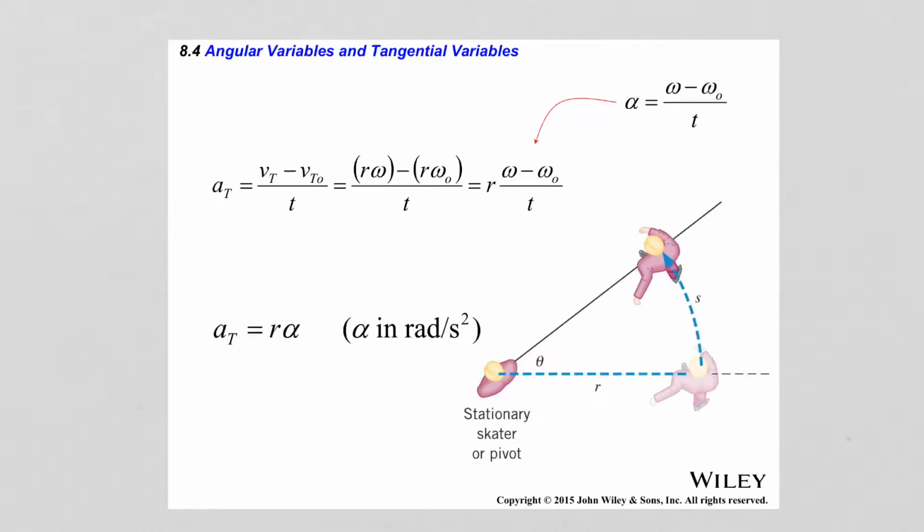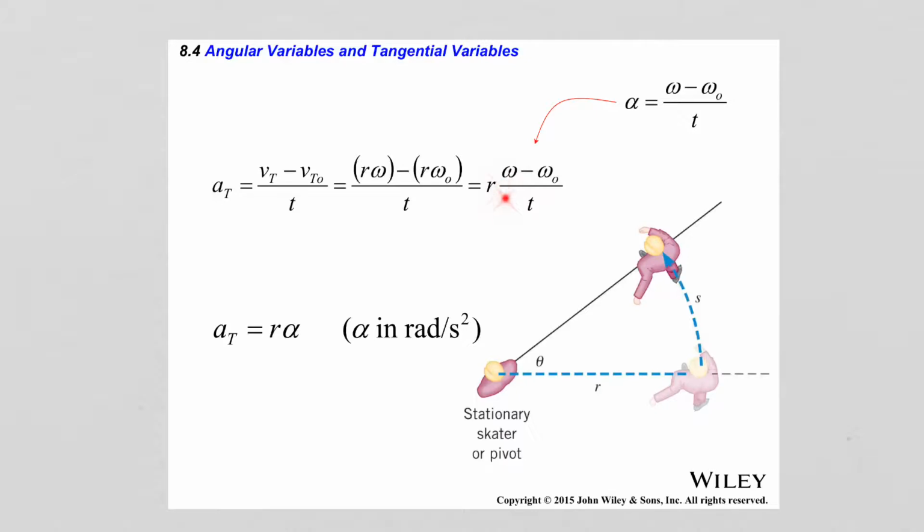We know that the linear acceleration is calculated as the change in linear velocity divided by the elapsed time. However, I can replace those two linear velocities with their equals from the relationship with the angular velocities. And so I get r omega minus r omega 0 divided by t. And I can rearrange the terms again to get r times omega minus omega 0 divided by t.